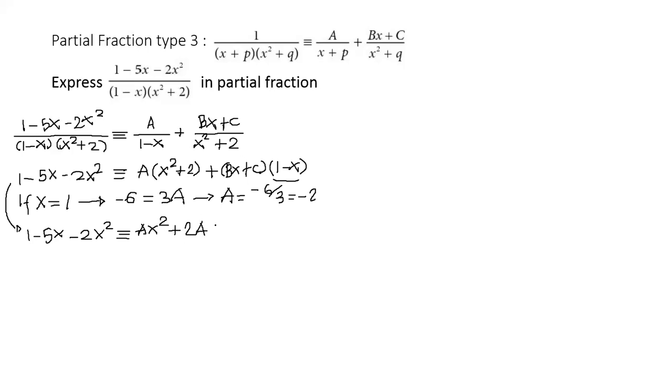Afterwards, bx times 1 is bx, and bx times negative x is negative bx squared. Then c times 1 is c, and c times negative x is negative cx.